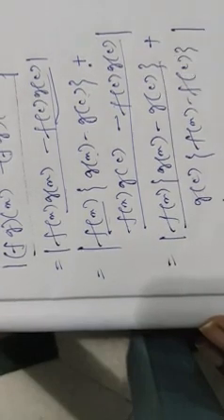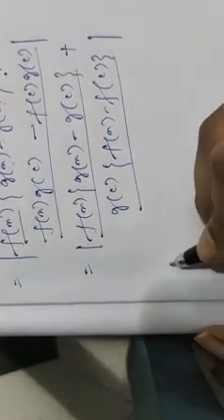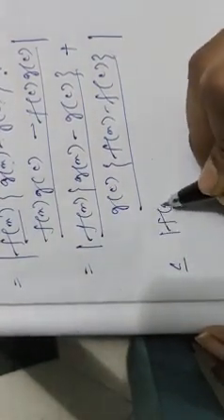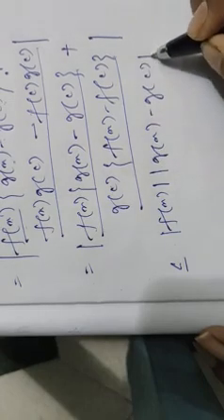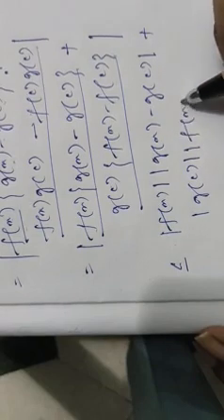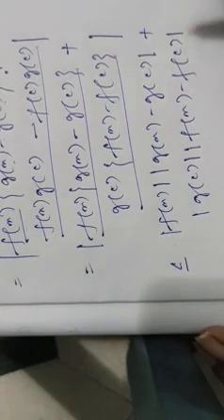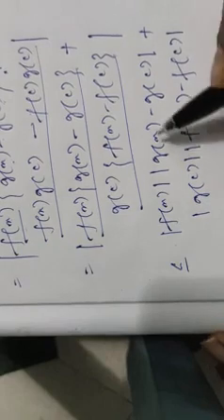Now this is one part, this is another part, applying the triangle inequality. So we will get less than or equal to mod f(x) into mod g(x) minus g(c) plus mod g(c) into mod f(x) minus f(c). Now check this part.